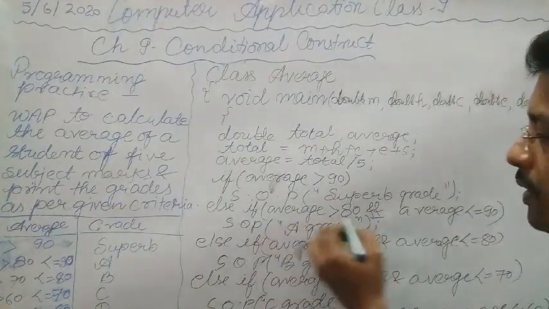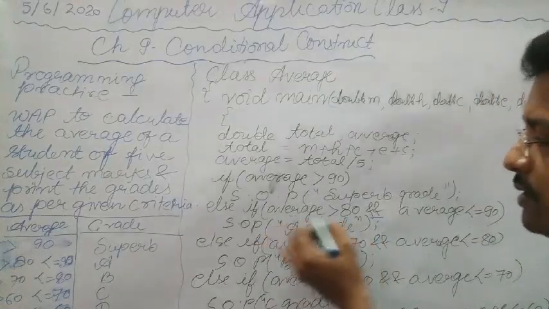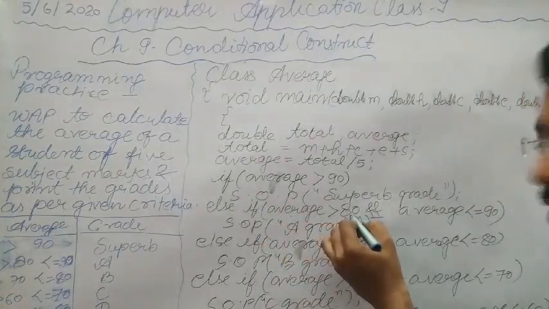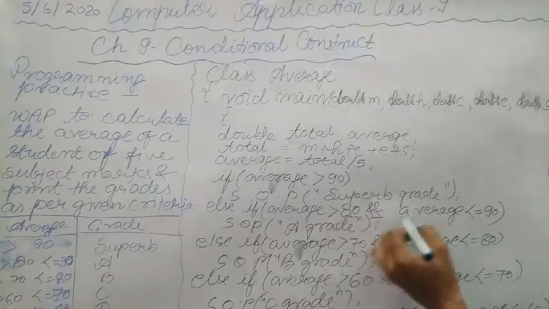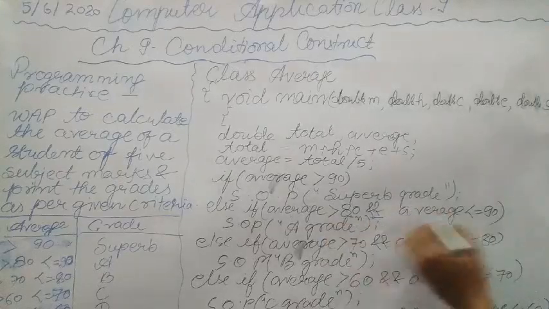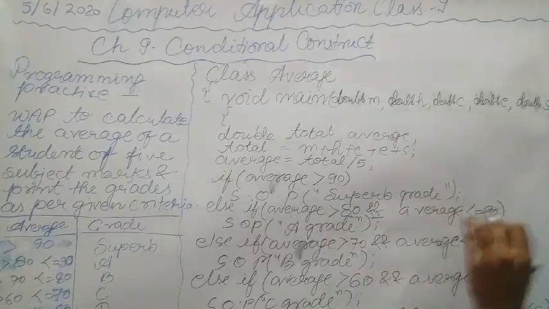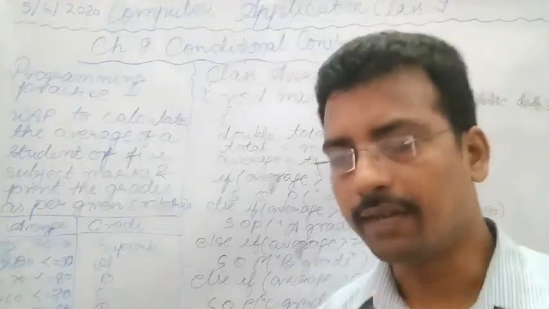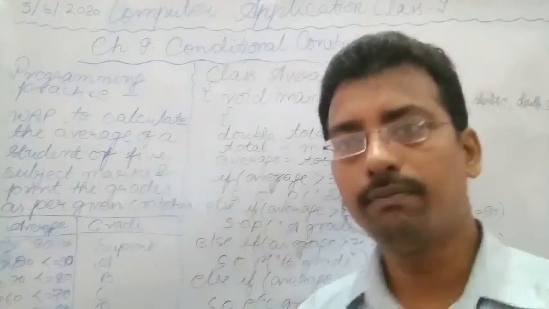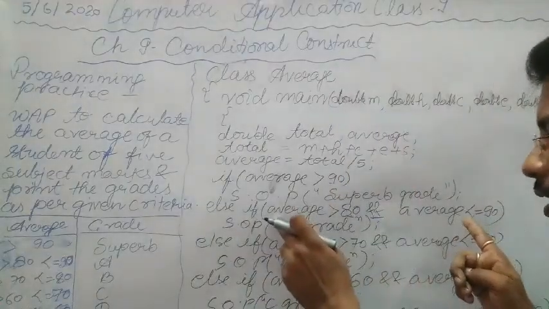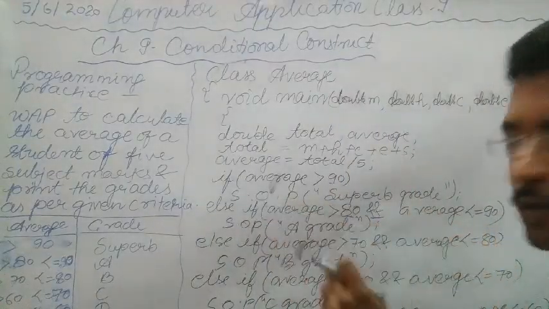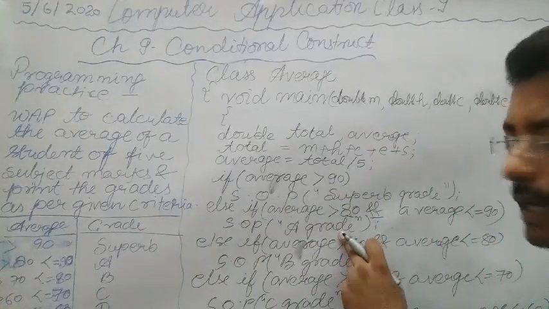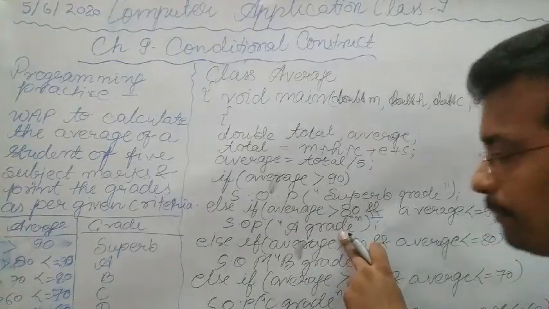So the first condition is, if average is greater than 80, as well as average is also less than equal to 90. Suppose a student is getting 81%, 89%, 90%, the student will fall in this range. So what result should be printed? A grade. Is it okay?